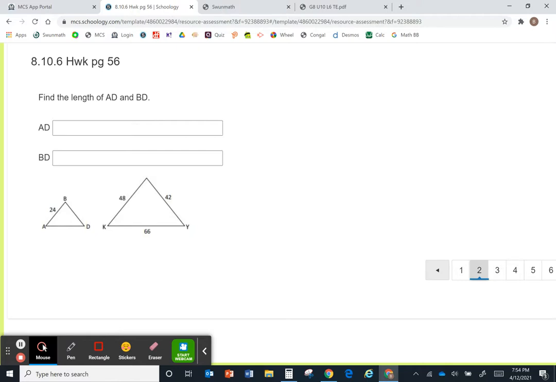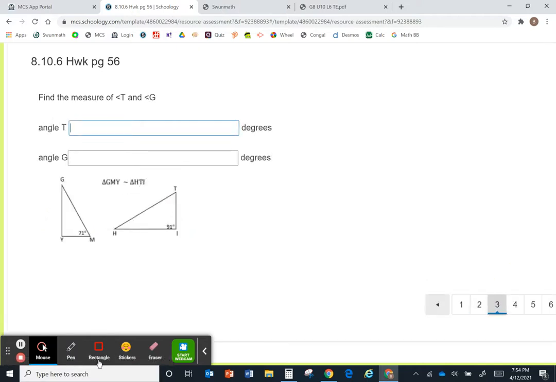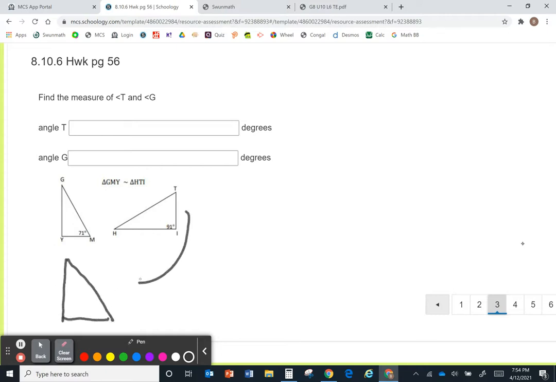Number 3. It says find the measures of T and angle G. In our book it says they're similar. If we turn this triangle like this, this is going to be 91, and this one's 71.